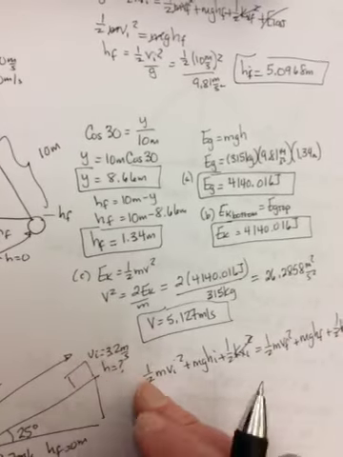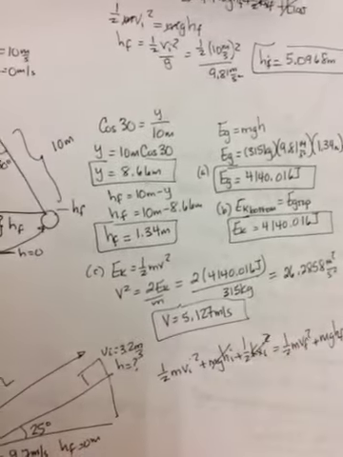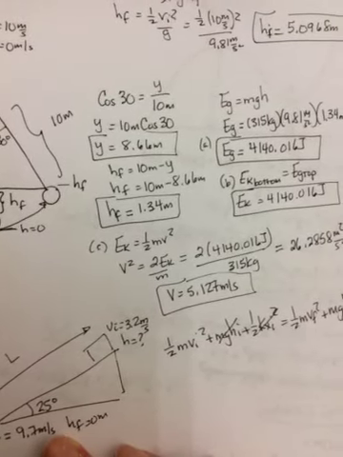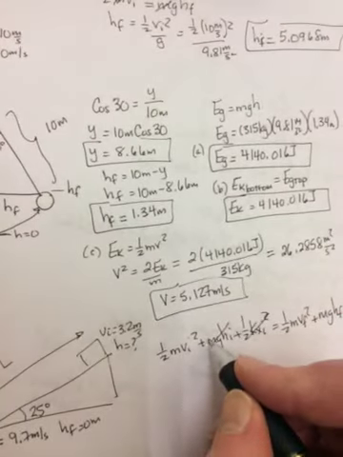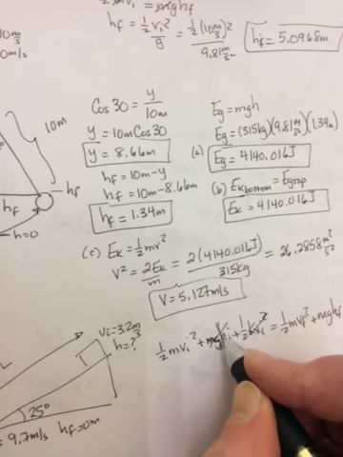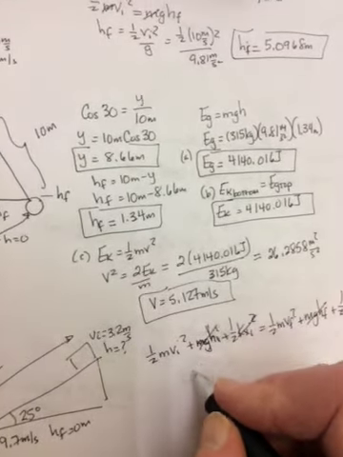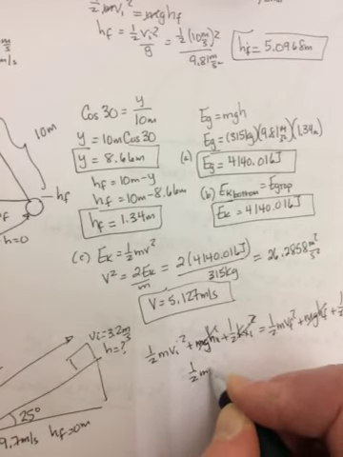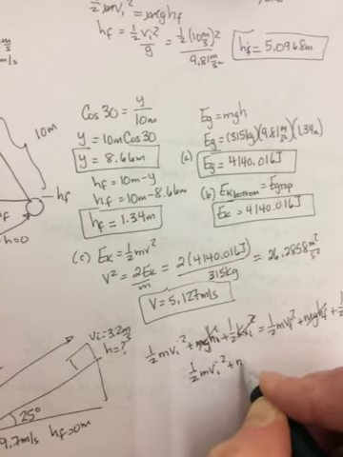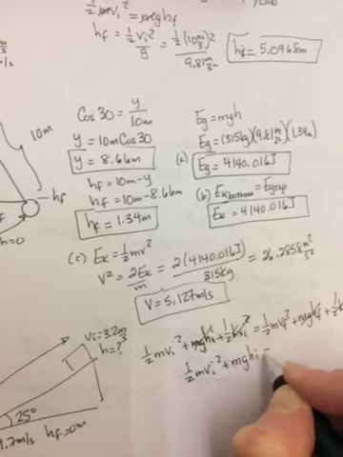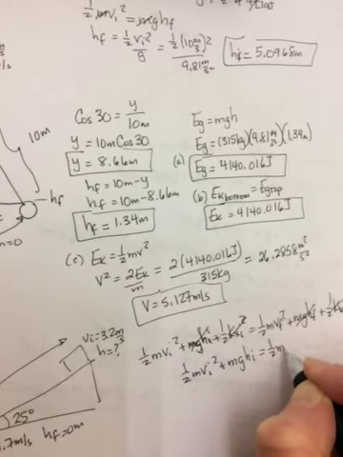At the top, it has a speed and a height, which is what we're looking for. At the bottom, it has a speed and no height. So we have left 1/2 mv initial squared + mg h initial equals 1/2 mv final squared.